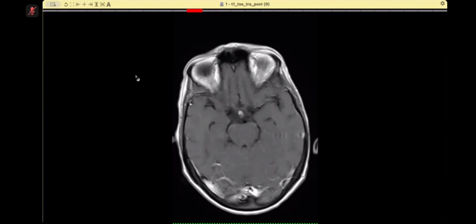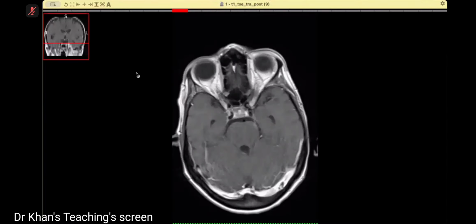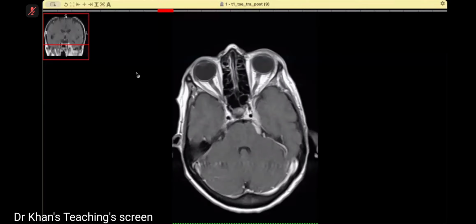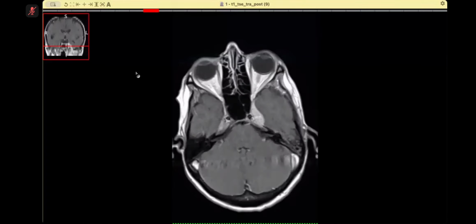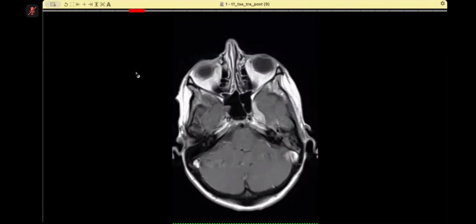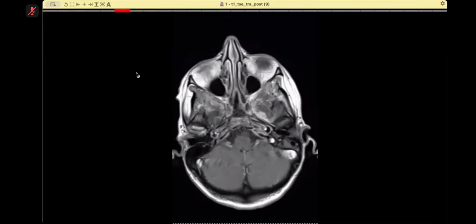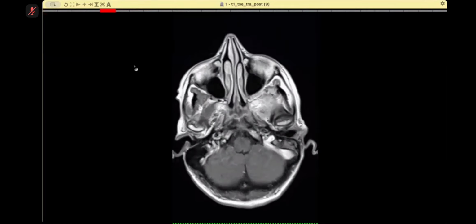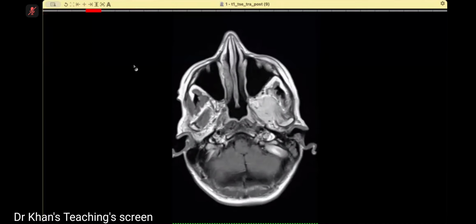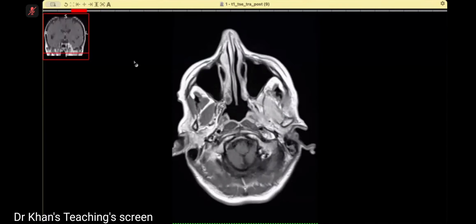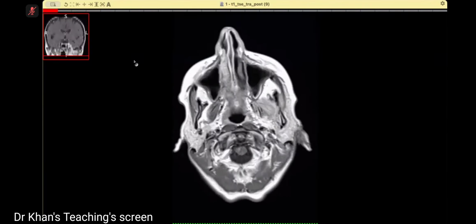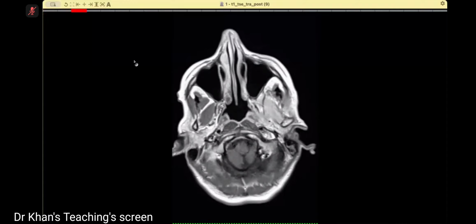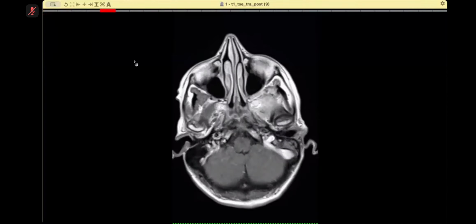Okay, so the infundibulum and the hypothalamic and the pituitary stalk is also enhancing, and there is also enhancement along the Meckel's cave on the left side, with thickening, and this is also extending inferiorly, as I've mentioned before, into the left infratemporal fossa, involving both the medial and the lateral pterygoid muscle, and it is also extending into the nasopharynx.